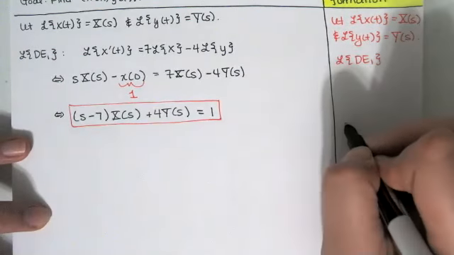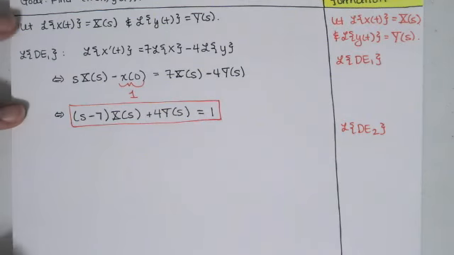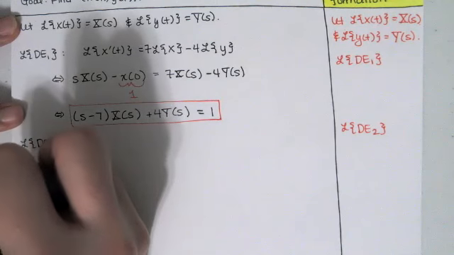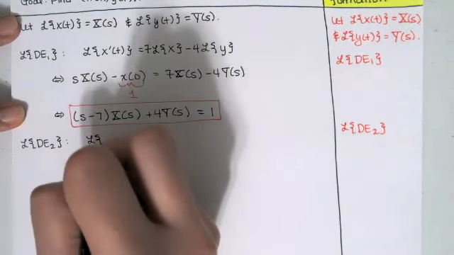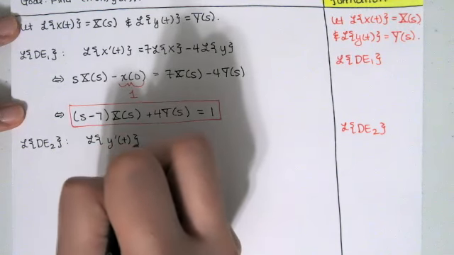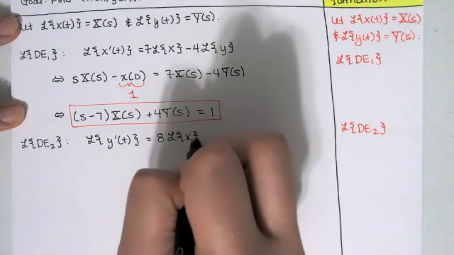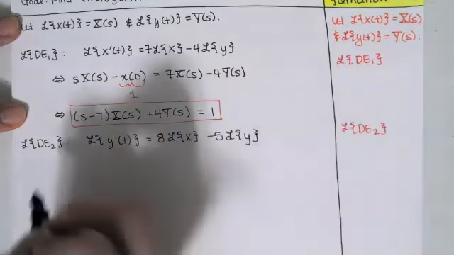And then we're going to do the same thing with the second differential equation. So we'll take the Laplace transform of the second differential equation, which is the Laplace transform of dy dt, which can also be written as y prime, equals 8 times the Laplace transform of x of t minus 5 times the Laplace transform of y of t.